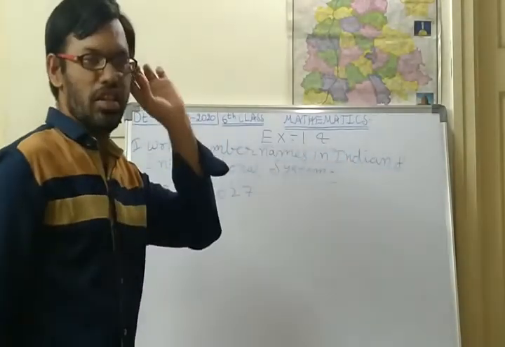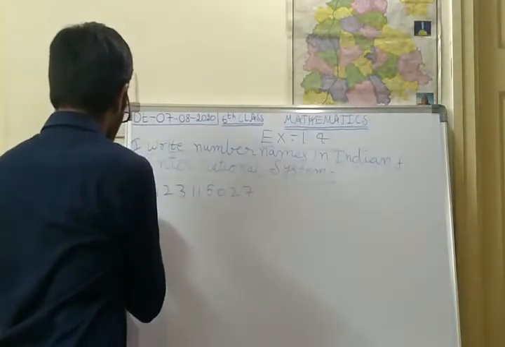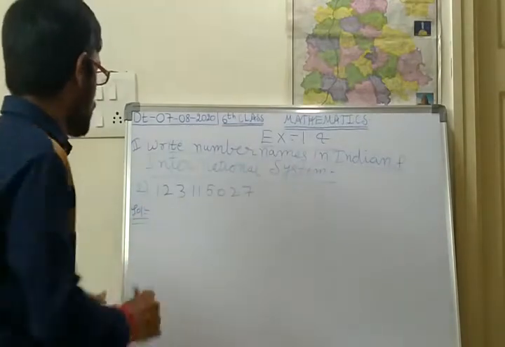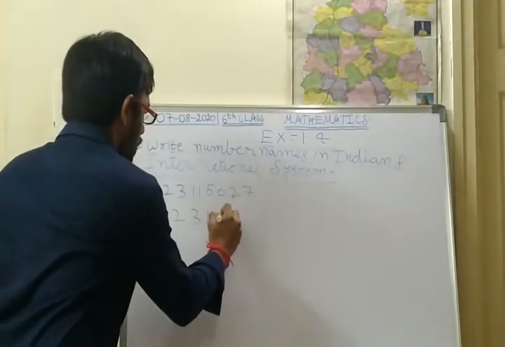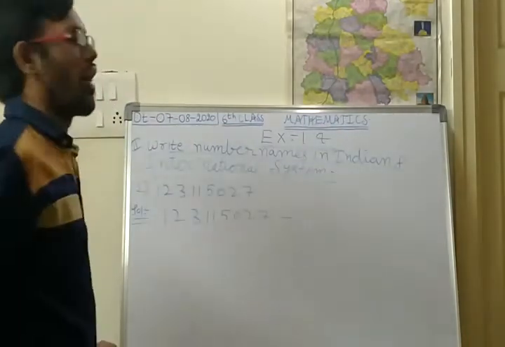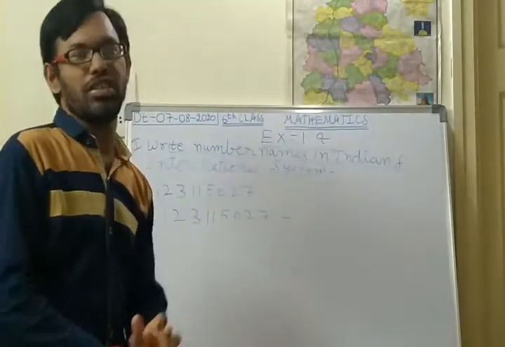Okay, so for that the solution. What is the solution? In the solution, first of all, write the same number 1 2 3 1 1 5 0 2 7. First of all, place the commas according to the Indian system.